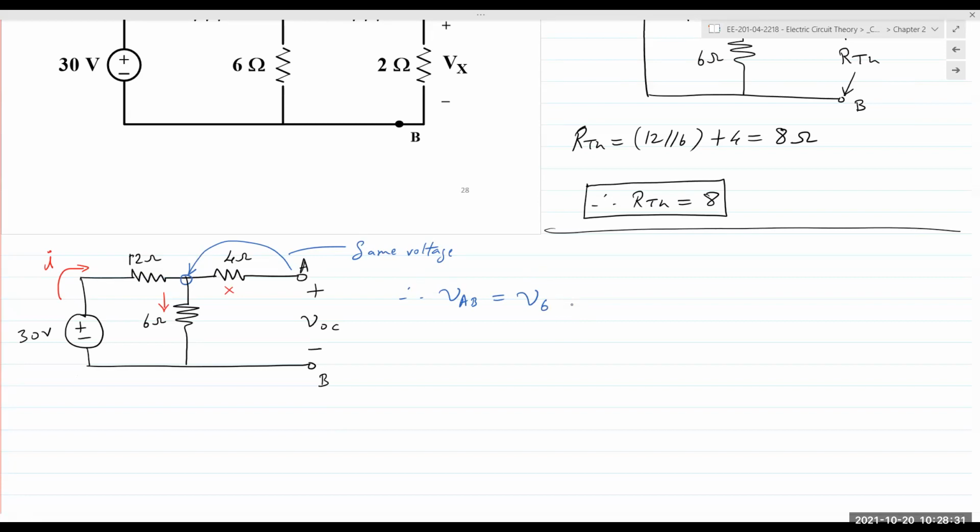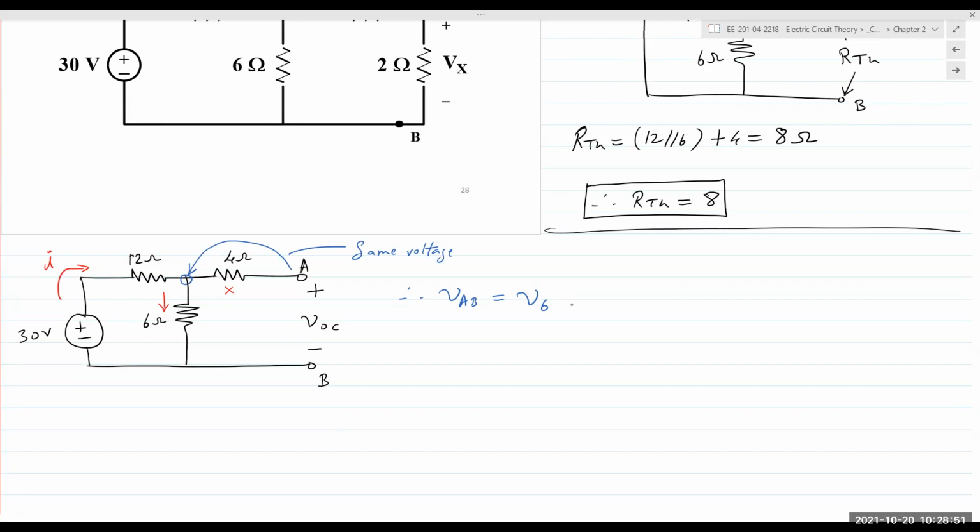Does this make sense? Right? So that's the concept. Anytime you see a resistor that is not connected at one end, it may as well not be part of the circuit at all. And these 2 points would be the exact same potential. And this I can find simply by applying voltage division.